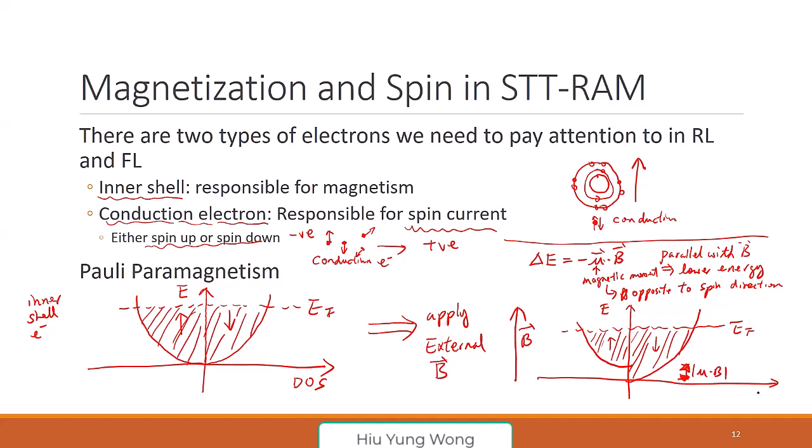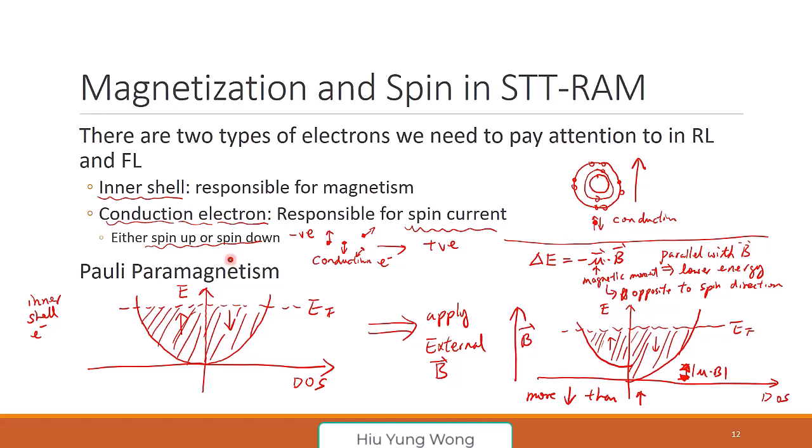So because of this external magnetic field, I have more spin down than spin up electrons. This is what we call Pauli paramagnetism, which tells us that overall, because this is spin, the magnetic moment is going up. The whole effect is that I have a paramagnetism. I try to align with the magnetic field.